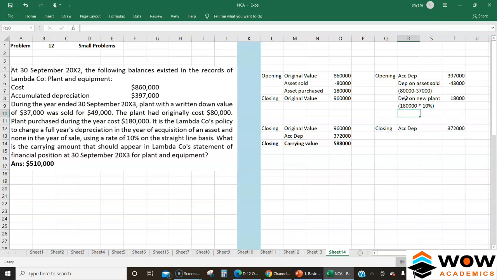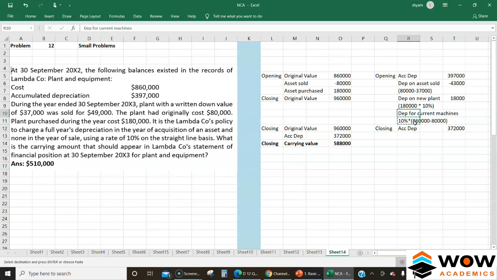So depreciation for current machines, the machines that have been held till now, I think we have not calculated. So we have to calculate 10% of 8,60,000, the opening machines. 80,000 has been sold, so for that we can't provide depreciation, but for the existing machines we could provide.